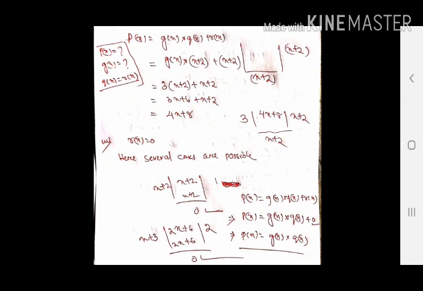The formula is dividend equals quotient into divisor plus remainder, and as the remainder is 0, dividend equals divisor into quotient. Any value you can try in the divisor and quotient.